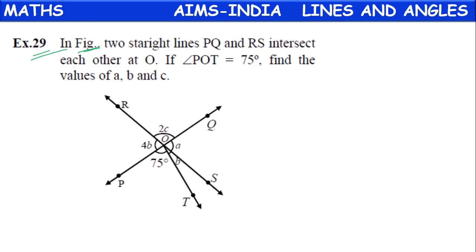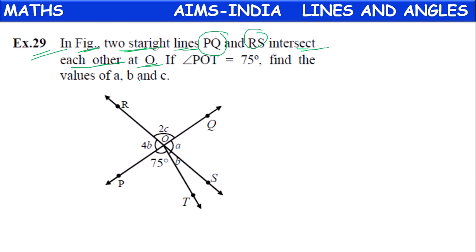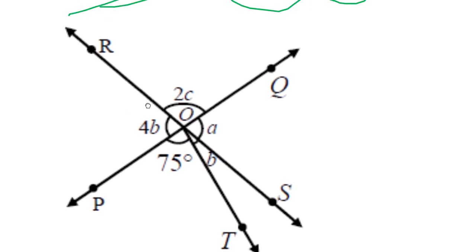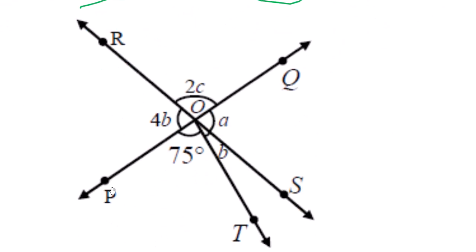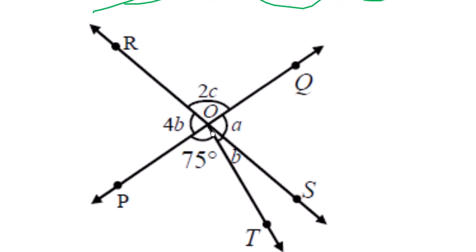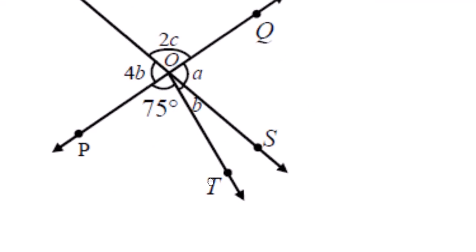Next one. In the figure, two straight lines PQ and RS intersect each other at O. If POT equals 75 degrees, find the values of A, B, C. So here, children, PQ is one straight line, RS is one straight line, which intersect at O. One more point T they have given here, OT.